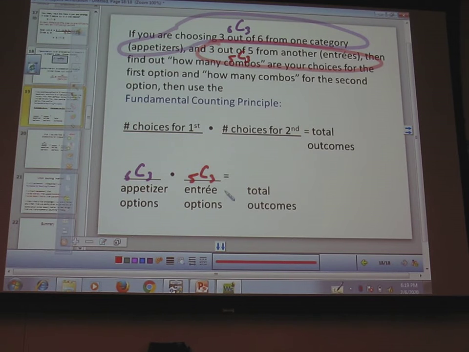I also need to pick out of these 5 girls here, I need to pick 3 of them. There's a bunch of ways of picking those 3 girls. But for every combination I can pick of these 3 boys, I still have a whole bunch of combinations of picking these 3 girls. And then if instead I pick these 2 boys and that one, I still have all those combinations of picking these 3 girls. If I pick those 3 boys, I still have all these different combinations of picking these 3 girls.